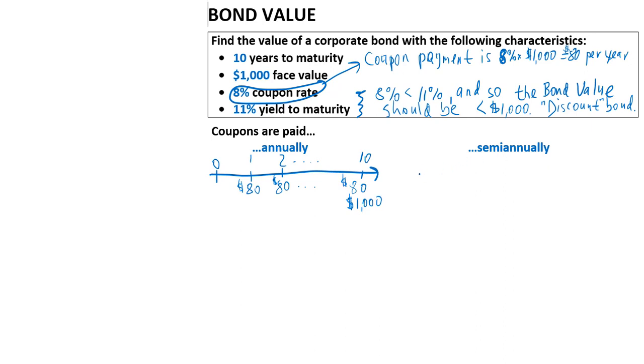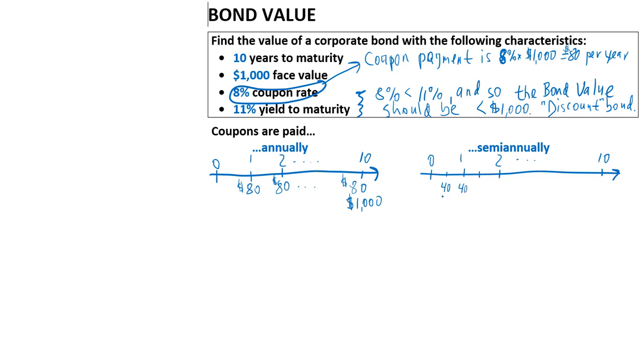With semi-annual coupons, things are a little bit different, because essentially there are 2 coupon payments made over each year. So we need to split each year into 2 halves, 6 months, another 6 months. And we are splitting the annual coupon amount into two halves as well. After the first half a year, the company pays the investor $40.